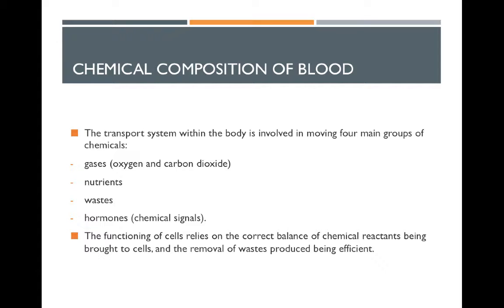So for our cells to actually function properly, they need a really strict balance of chemicals basically. So it's really important that our cells are getting the important gases, nutrients, hormones that they need and also being able to get rid of all the waste as quickly as possible.